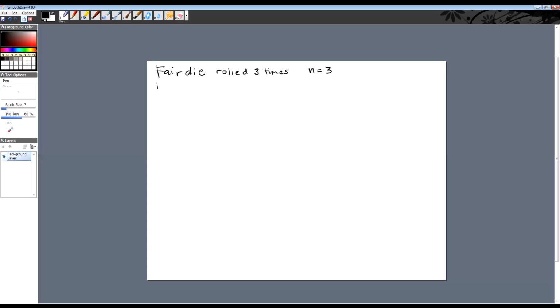Rolling a 4 is a success. So the probability of rolling a 4 is 1 over 6. There are 6 sides to the die, and there's only one 4.